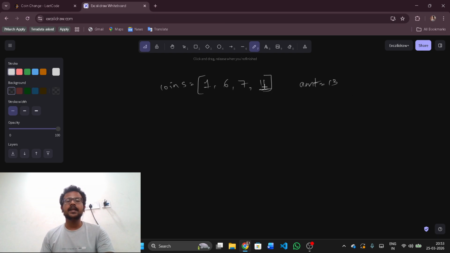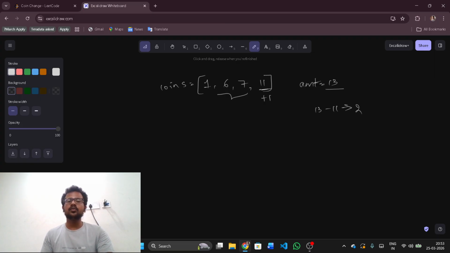Now, I'll take 11 for 1 time, so that it doesn't exceed the required amount, which is 13, right? If I take two 11s, I'll exceed 13. So I am taking 11 for 1 time. Now, if I take 11 for 1 time, what is remaining? 13 minus 11, which is 2.